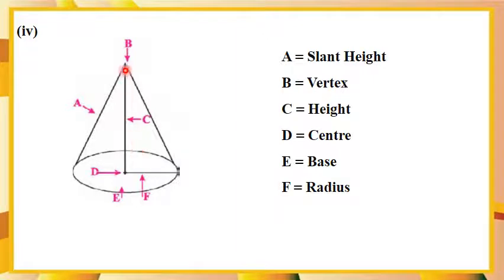C is the height because it is the distance from the center to the vertex of the cone. Then D is the center of the base of the cone. Then E is the base of your cone, and F is the distance from the center to the edge, and it is called the radius.